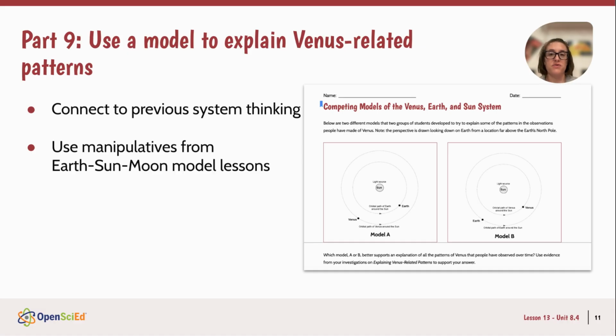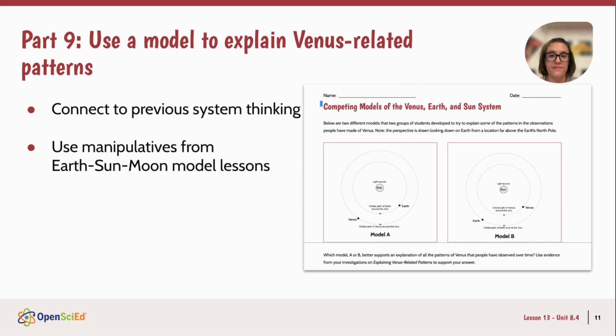Also, if students are struggling, you can have them use manipulatives. You can use the same ones from the Earth, Sun, Moon to model what's going on. And you can just, instead of having the moon, have that represent Venus and see if students can recreate what's going on and then translate that 3D model into picking the best two-dimensional model.